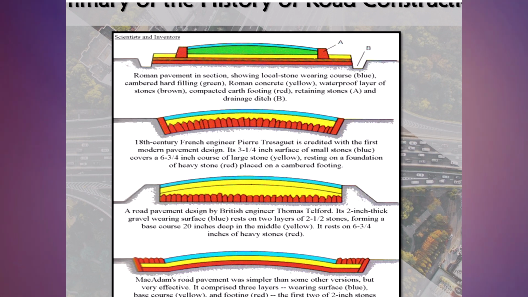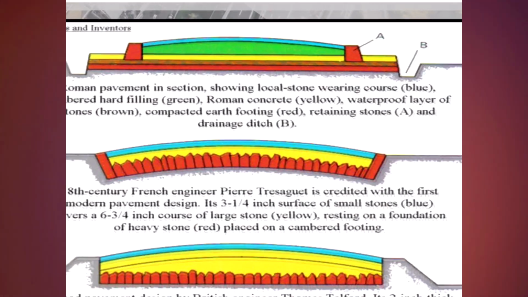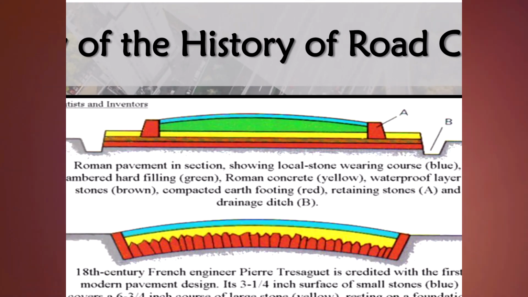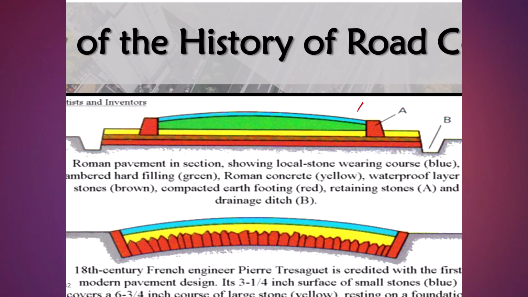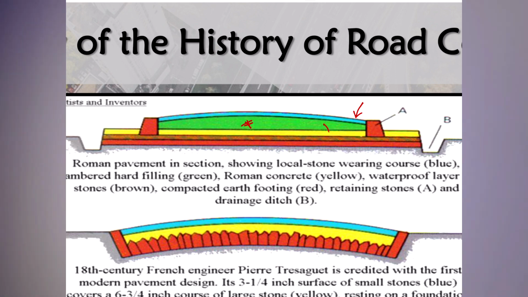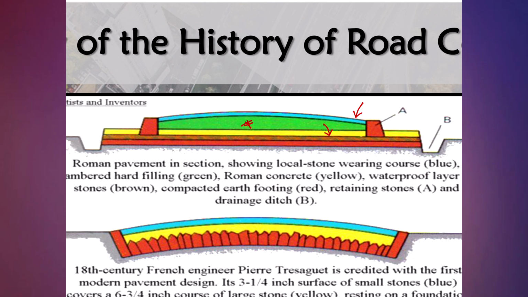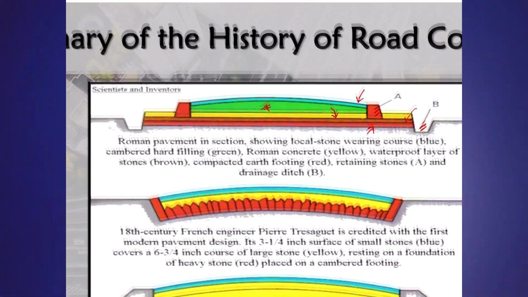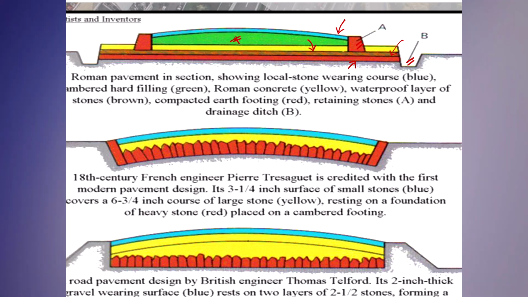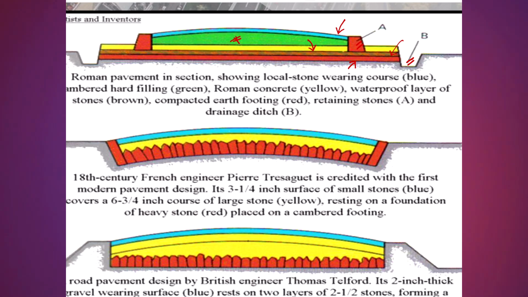You can look at the first picture: Roman pavement in section showing local stone wearing course, which is blue in color, cambered hard filling, green, Roman concrete, yellow, waterproof layer of stones, which is brown in color, compacted earth footing, red, retaining stones A, and drainage ditch B. 18th century French engineer Pierre Tresagi is credited with the first modern pavement design.